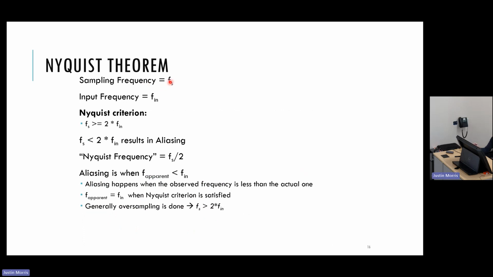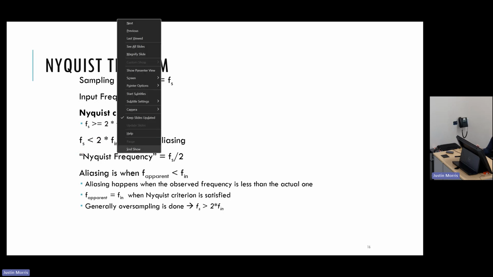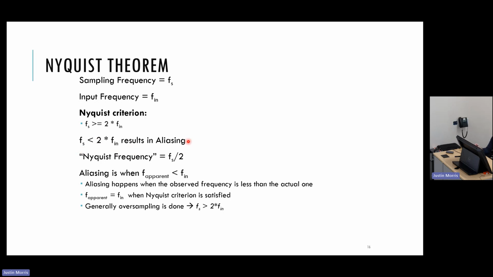If our sampling frequency is Fs and our input frequency is Fin, then the criterion for a lossless input is that our sampling frequency needs to be greater than or equal to 2 times the input frequency. If we have a sampling frequency less than 2 times the input frequency, that's going to result in aliasing.